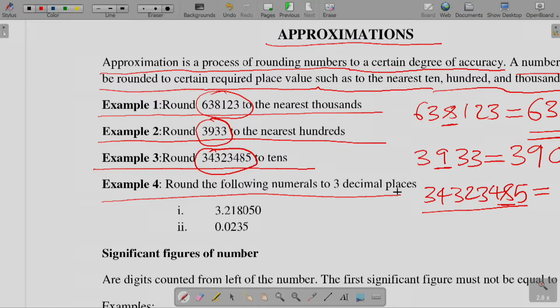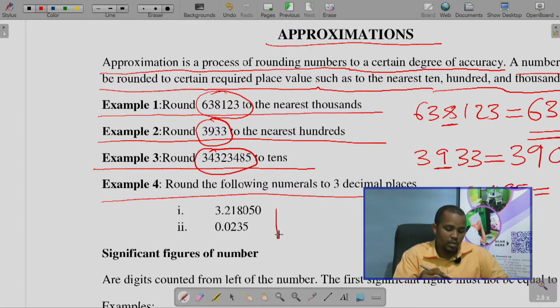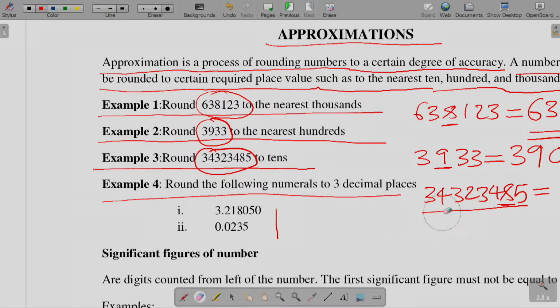Simply, we are required to round these numbers to 3 digits after the point. So how can we round these numbers?